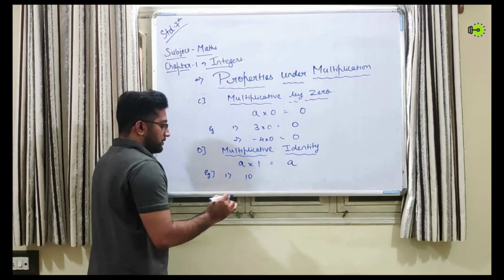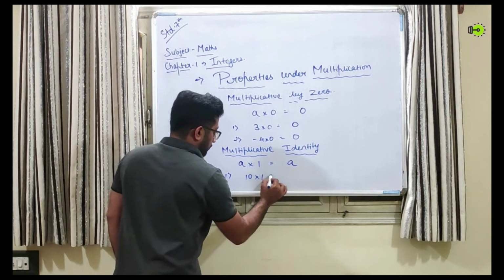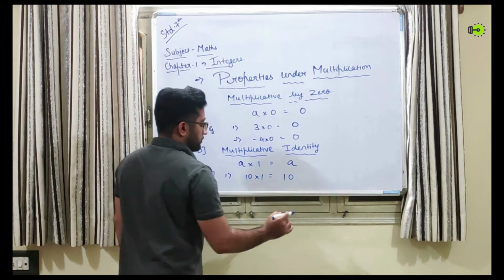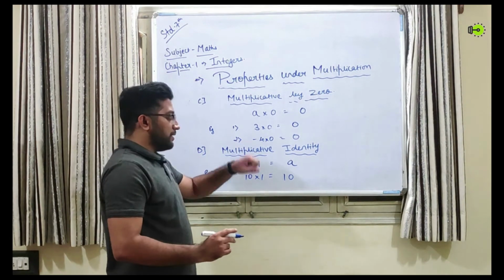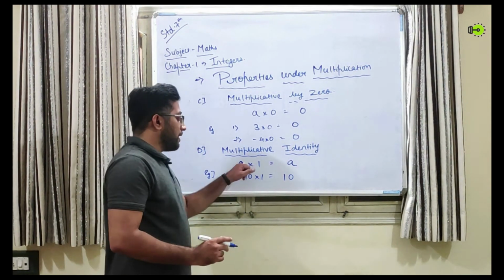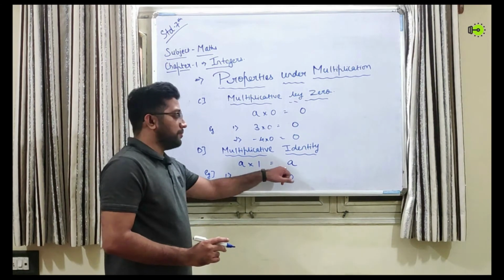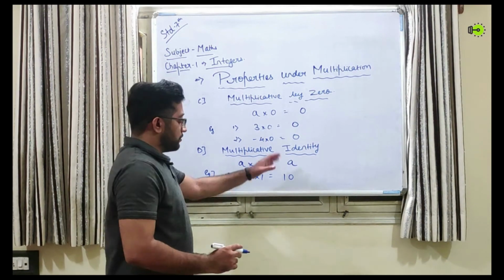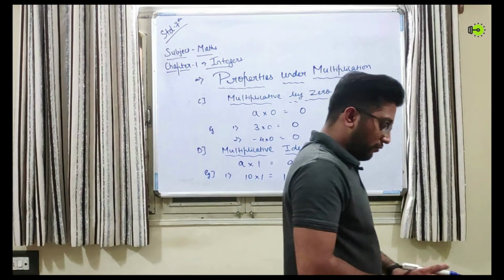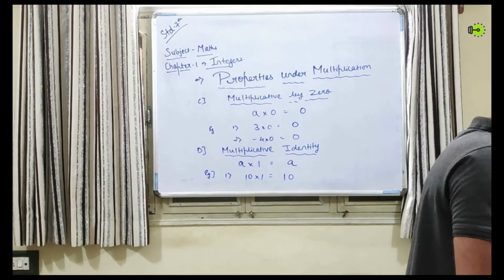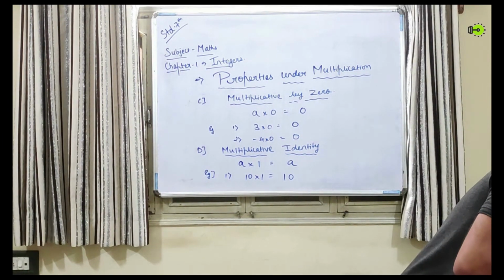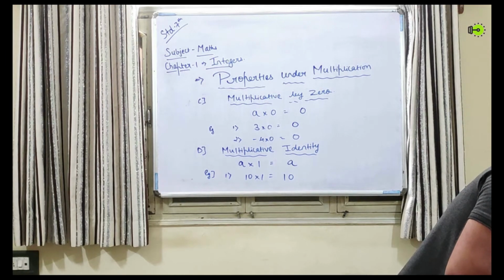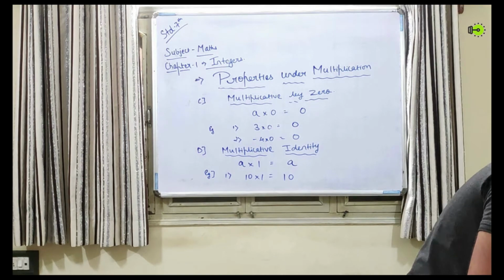Suppose I have a number 10, that is an integer, and I multiply the same with 1. What will be my answer? The same number, integer. Okay. So this identity states that if you multiply any integer with 1, your answer will be the integer itself. Okay. So this is regarding the multiplicative identity property of integers. Please note the same in your books.